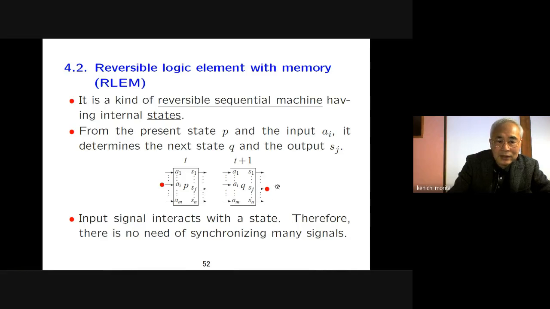Okay? In this case, the input signal represented by a particle interacts with a state P. Therefore, there is no need of synchronizing many signals. Therefore, construction of a Turing machine is very much simplified.